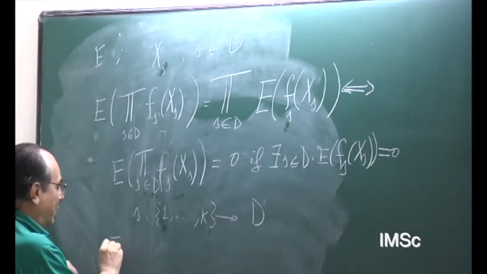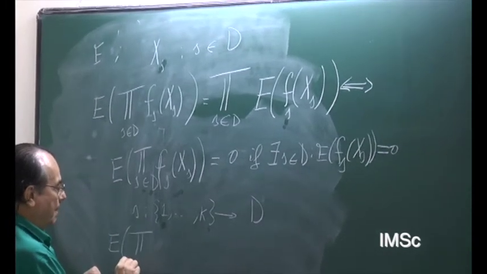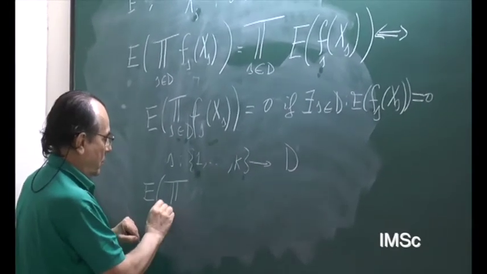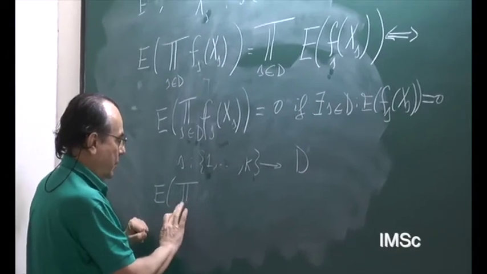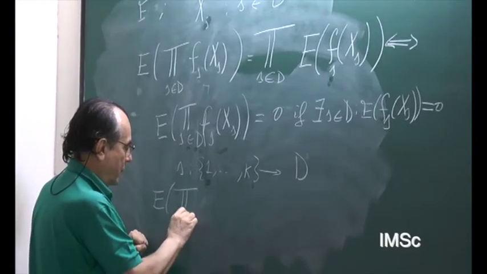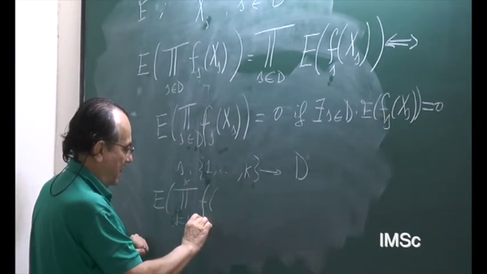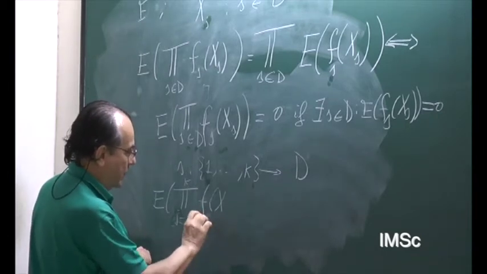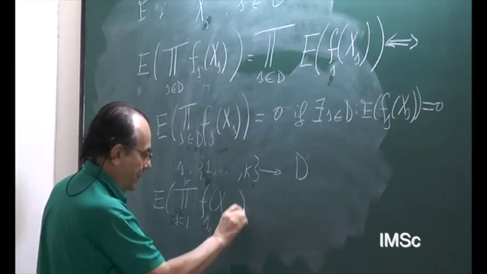I will have a product like this: the product for j from 1 to k of Fsj(Xsj).